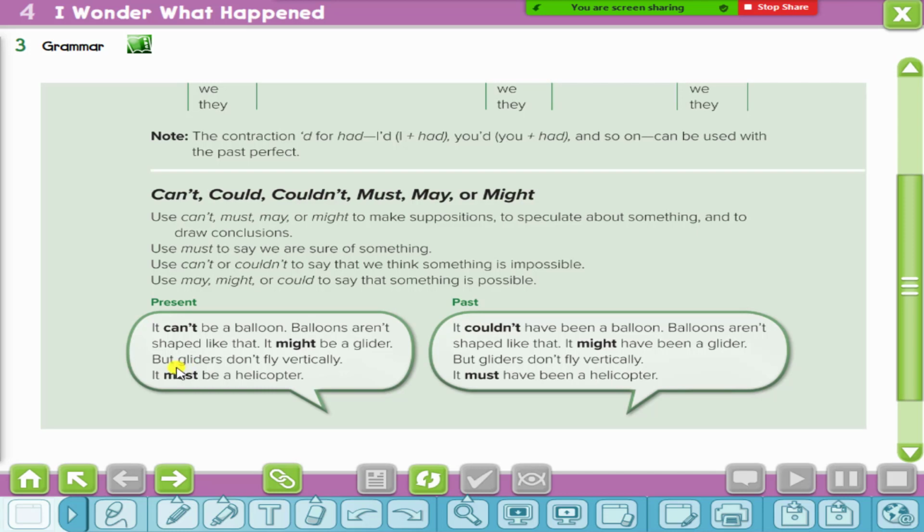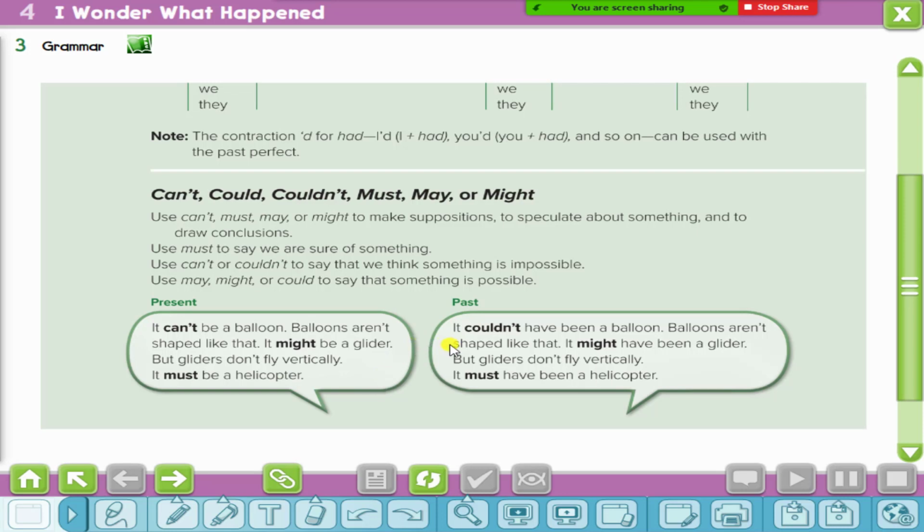Okay, but gliders don't fly vertically, so I am sure it's not a glider. So I say I am sure it's not a glider, but now I am sure it's a helicopter. Helicopter, we say it must be a helicopter.